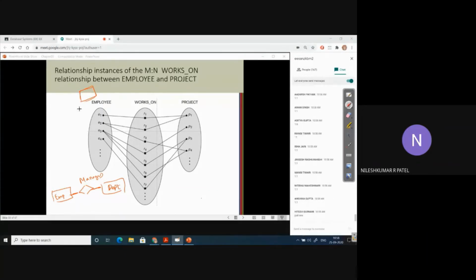Just one. Department D1 has one manager only, department 2 also has one manager, department 3 also has one manager. This is from the department's perspective.